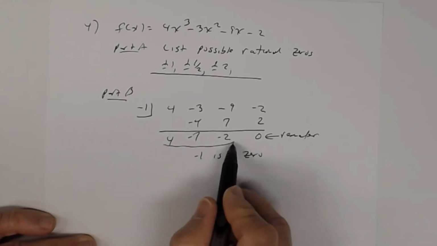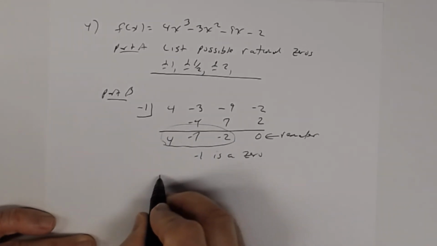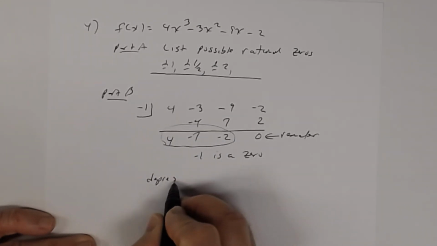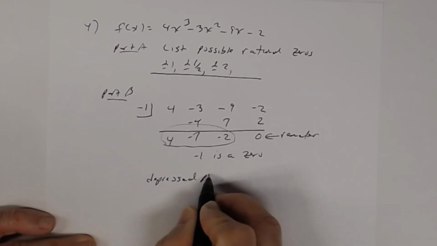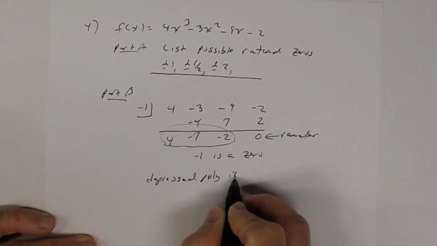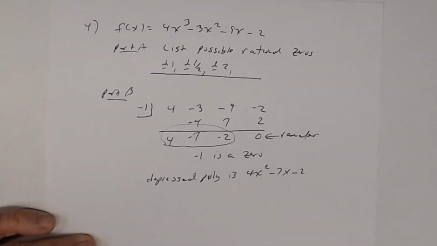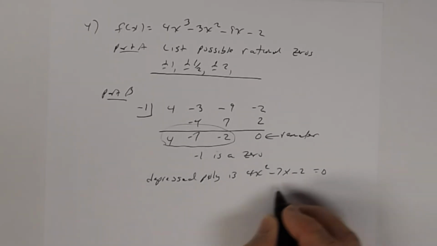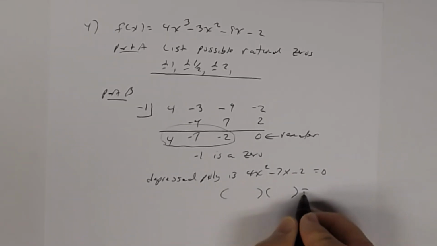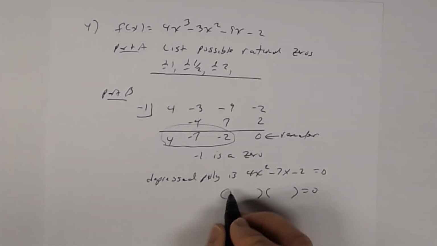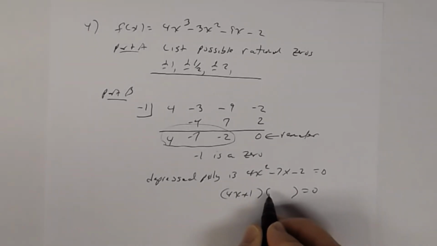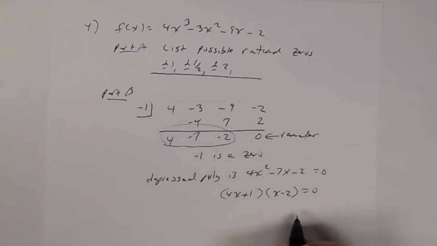So here's my depressed polynomial, or my quotient: 4x squared minus 7x minus 2. Now I'm going to set that equal to 0 to find my other zeros. When I factor this, I get 4x plus 1 times x minus 2.